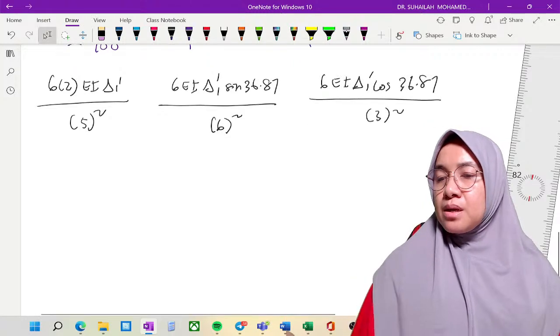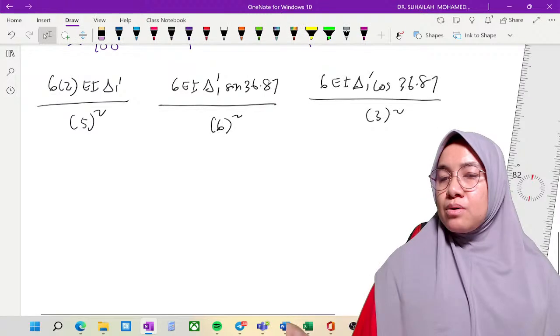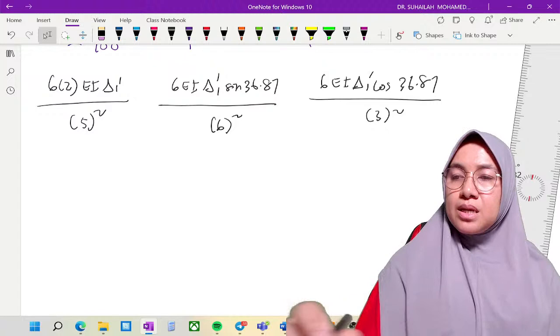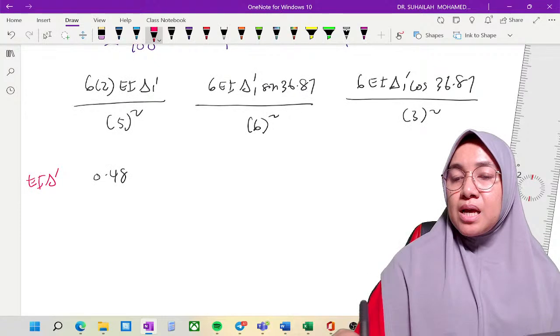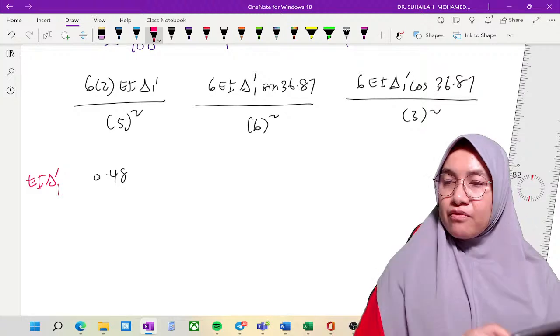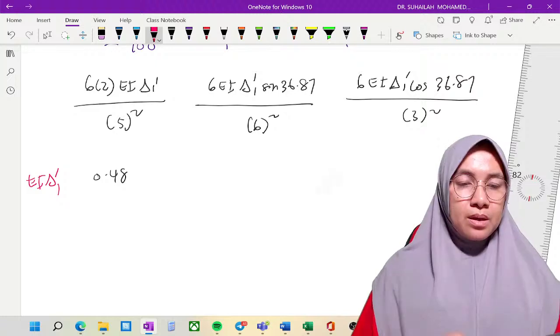We solve this. It is 12 divided by 25, which is 0.48 EI delta 1 prime. It is in terms of EI delta 1 prime. And then 6 times sine 36.87 divided by 6 square, which is 36, so we get 0.1.